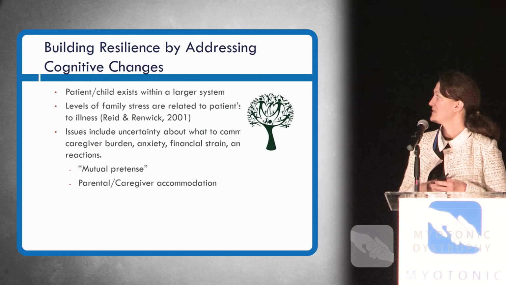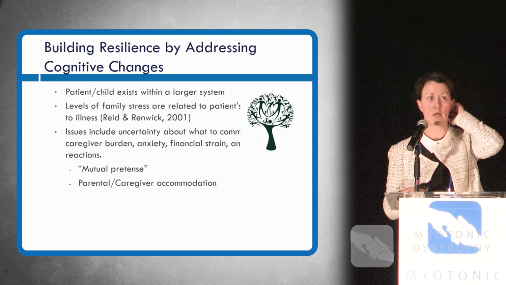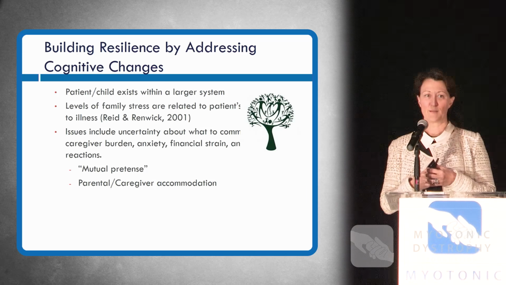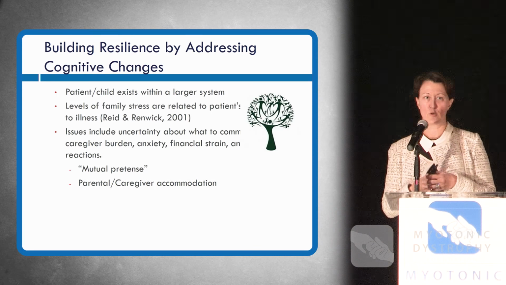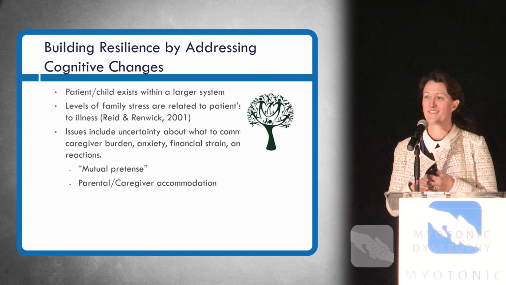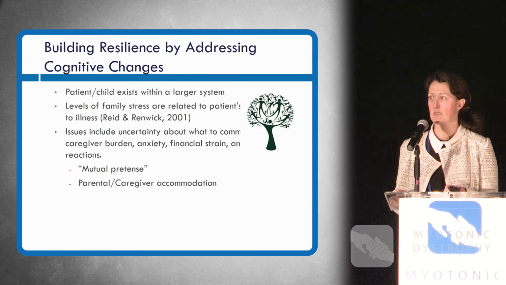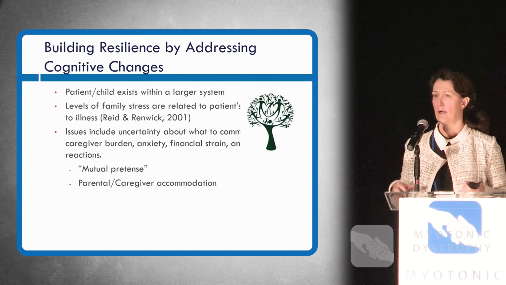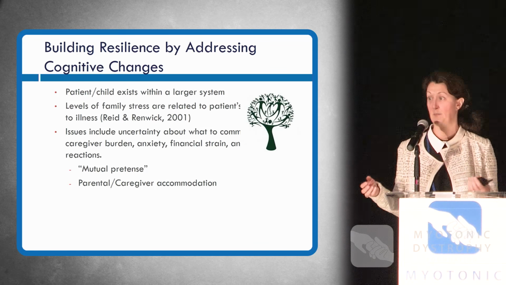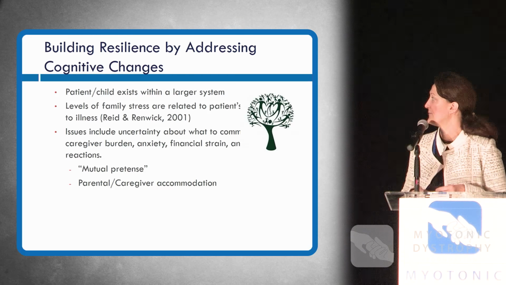One of the things that we see sometimes is this mutual pretense among caregivers that some of these things aren't necessarily happening, or we're not willing to share information about the reality of some of the disease symptoms and cognition. So I think it's important to, again, create the open dialogue and have honesty, sharing of that information.